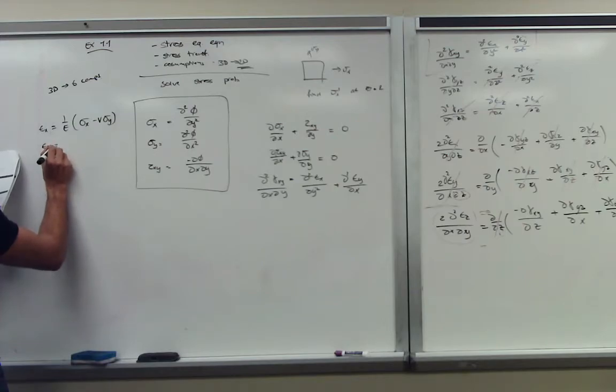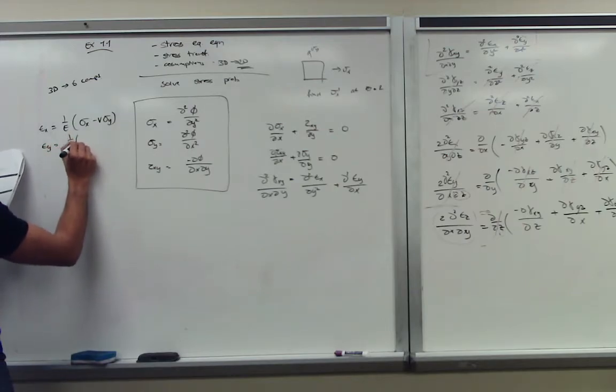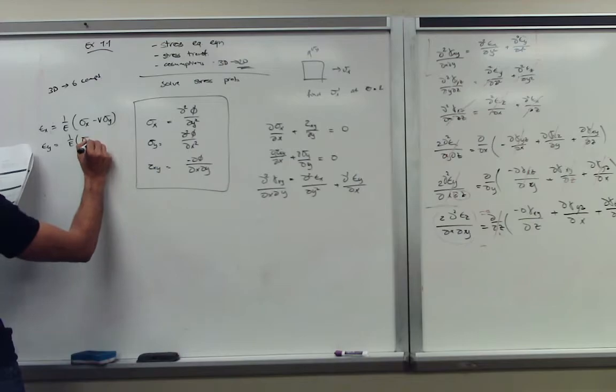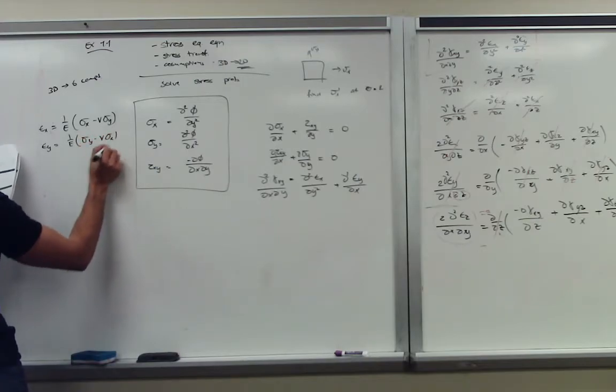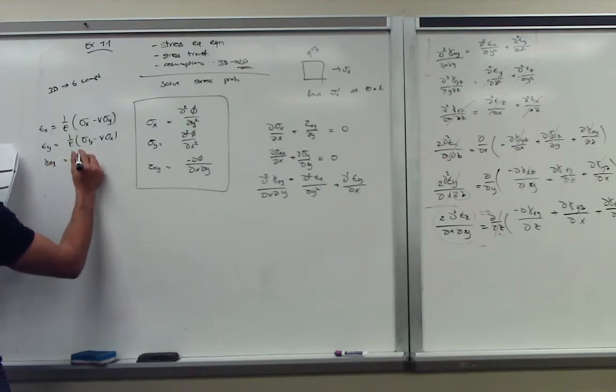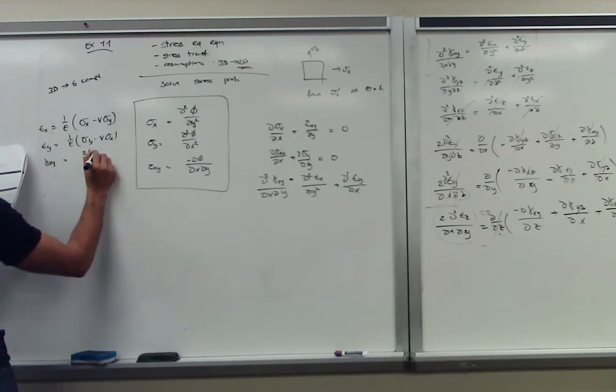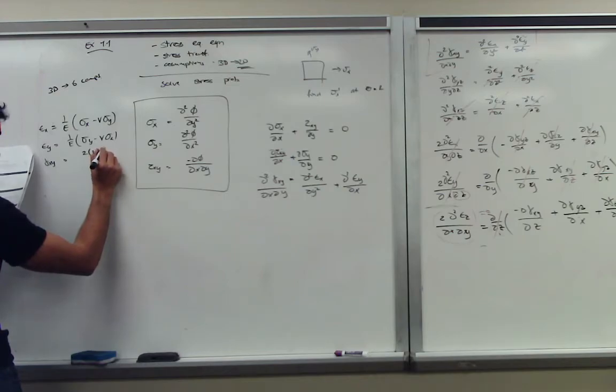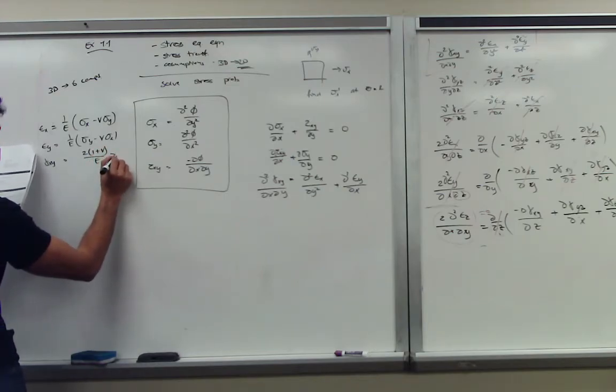Epsilon y is equal to 1 over E sigma y minus mu sigma x, and gamma xy is equal to 1 plus nu over E tau xy.